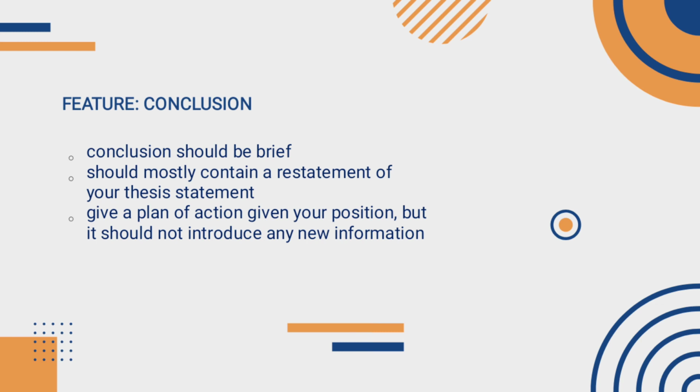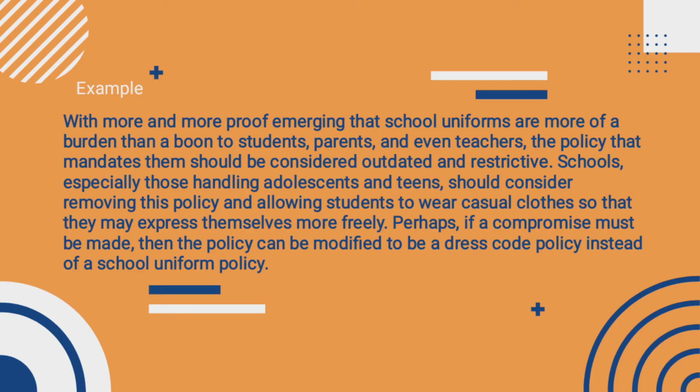The conclusion of your position paper should be brief, and it should most likely contain a restatement of your thesis statement. It should also give a plan of action given your position, but it should not introduce any new information. And here is the example paragraph.